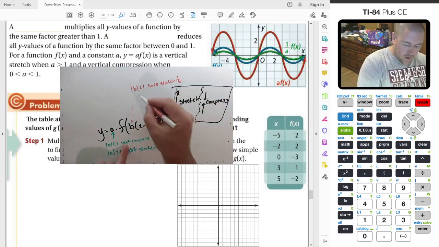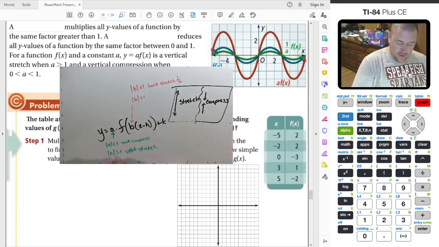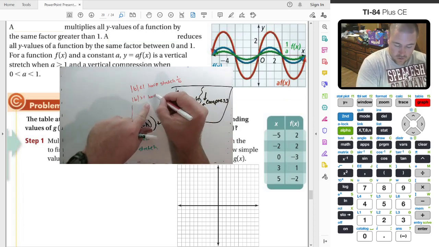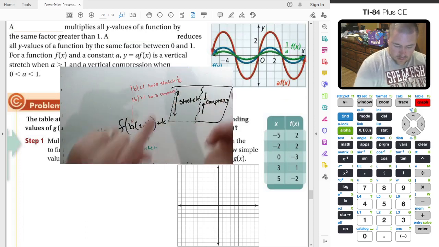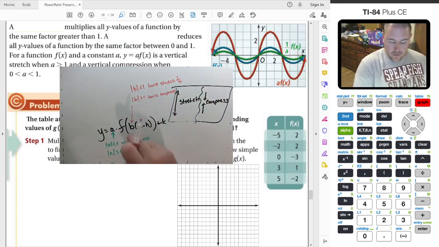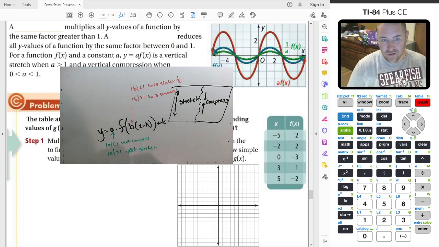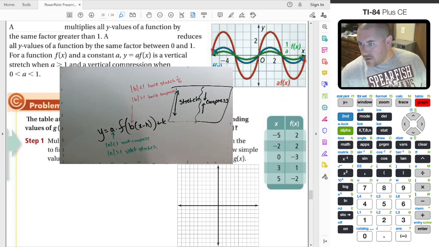Flip-flop. If absolute value of b is greater than 1, well, here a greater than 1 was a vertical stretch. Here it's going to be a horizontal compression. Okay, because it's grouped in those parentheses. It's bass-ackwards land. So that's what all that gibberish says.